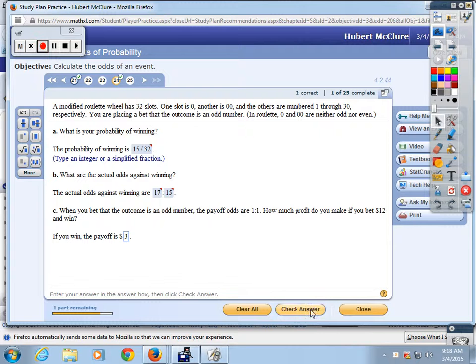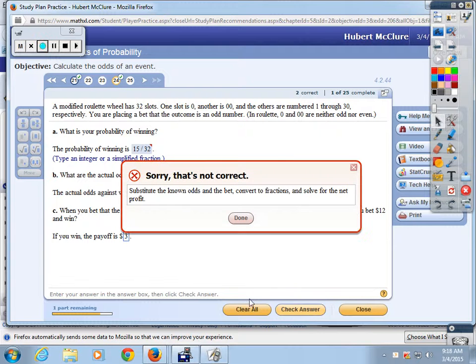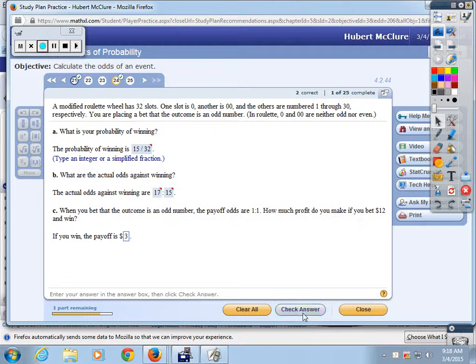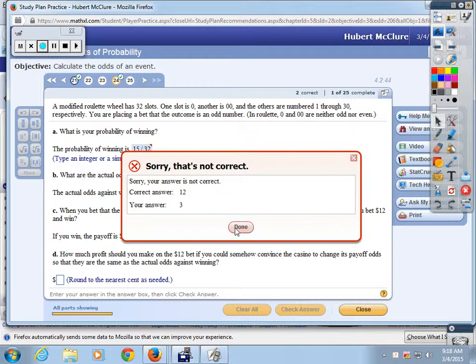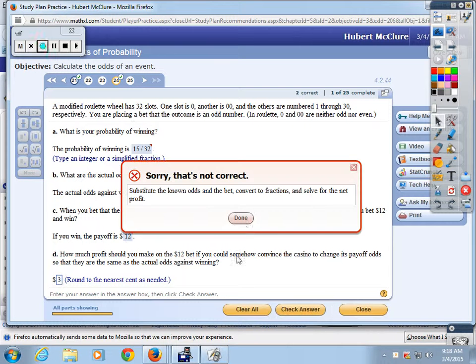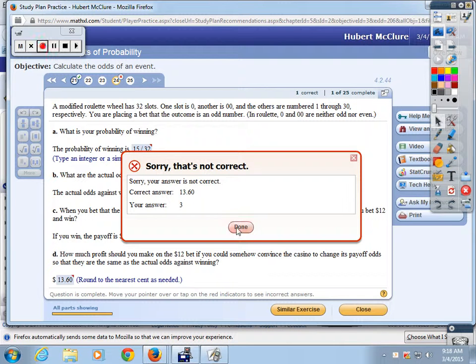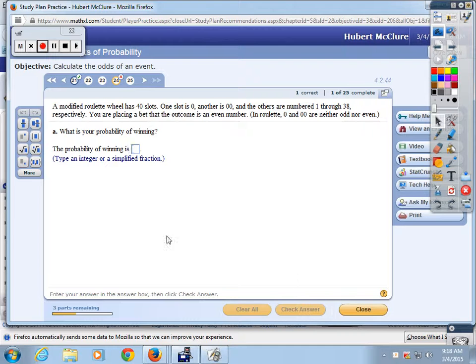I want the roulette table to be different, because that's what's going to change on the test. There we go. Alright, try that one. And if you can't get this one right, then you're pretty much a failure. Blow it up just a little bit, please.